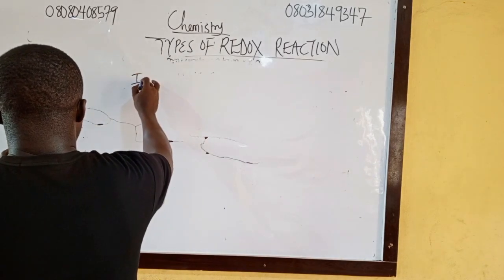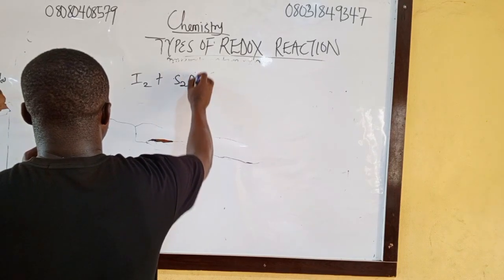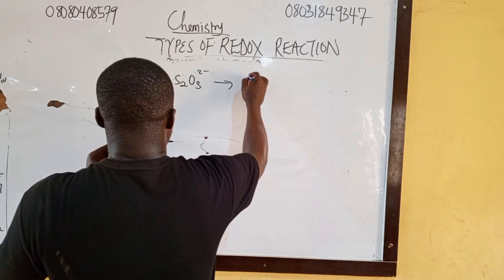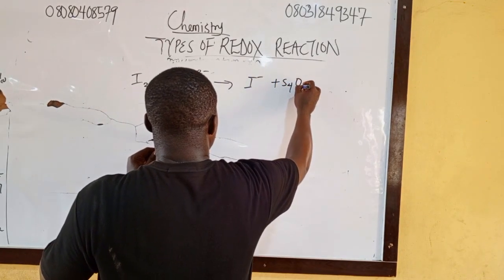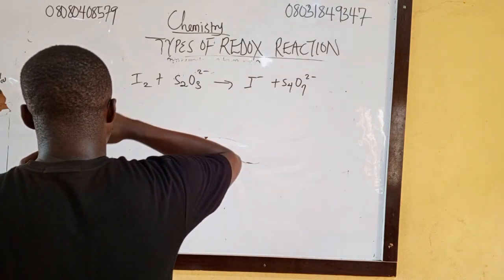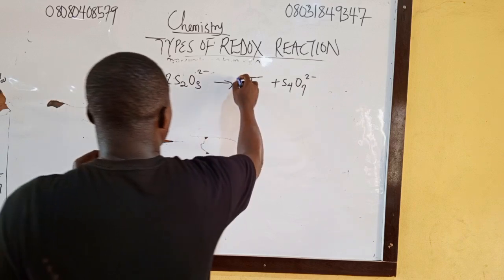Look at it. Where you have I2 plus S2O3 2 minus to give you I minus plus S4O6 2 minus. Balance the equation, put 2 here, put 2 here.